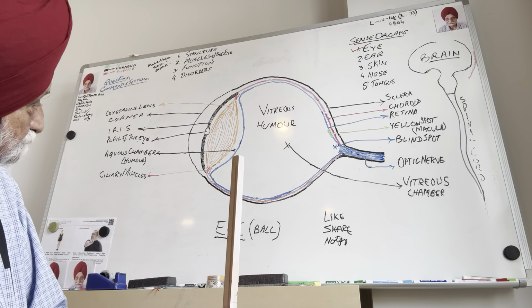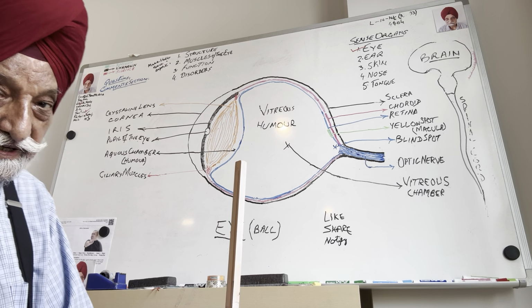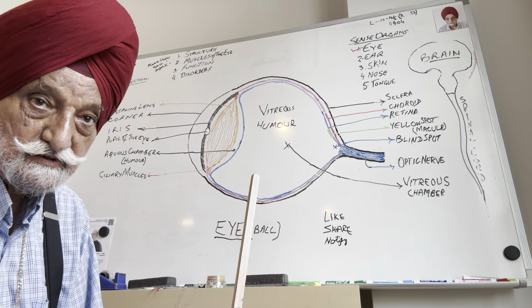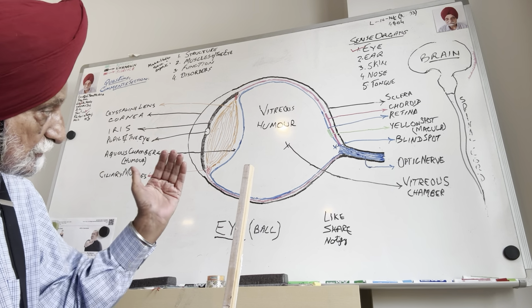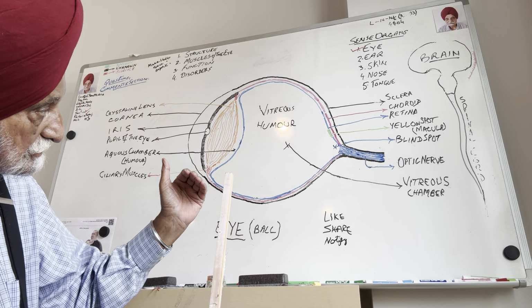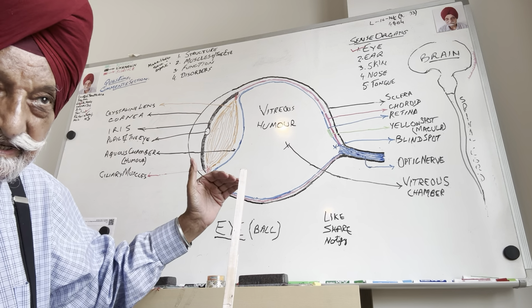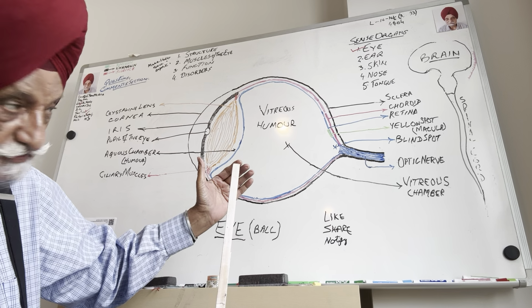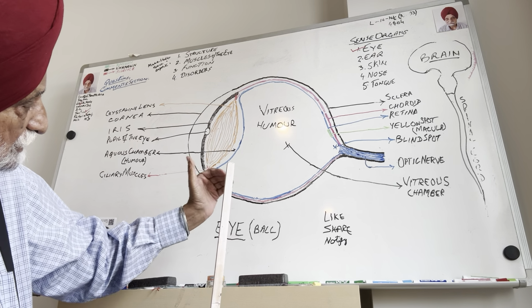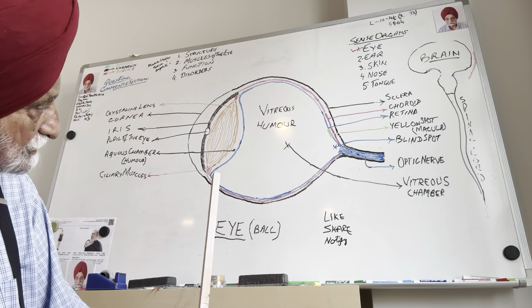Now, the choroid is richly supplied with blood, and it gives food and nutrition to the sclera as well as to the retina.